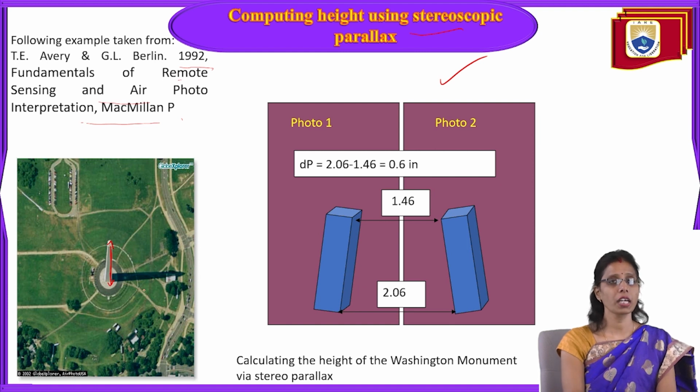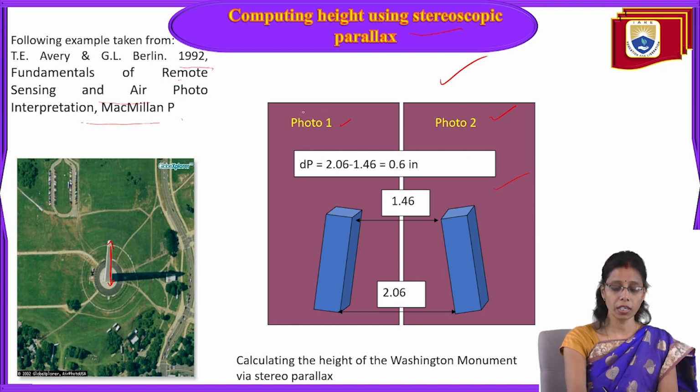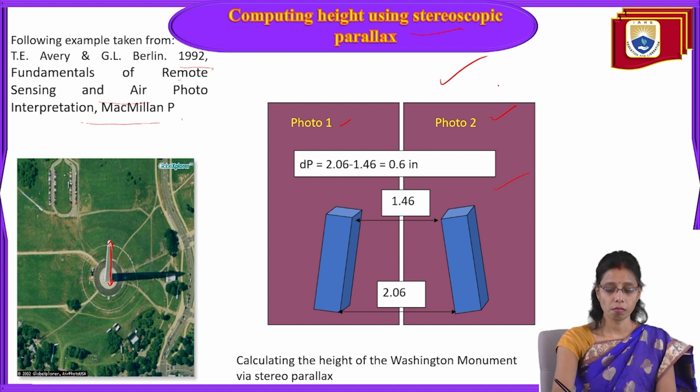The same photo we have to take, the adjacent overlapping photo from the same series of the aircraft. Now photo 1 here, photo 2 here. Suppose this is the tower we are going to measure. Photo 1 and photo 2 are stereo pairs.